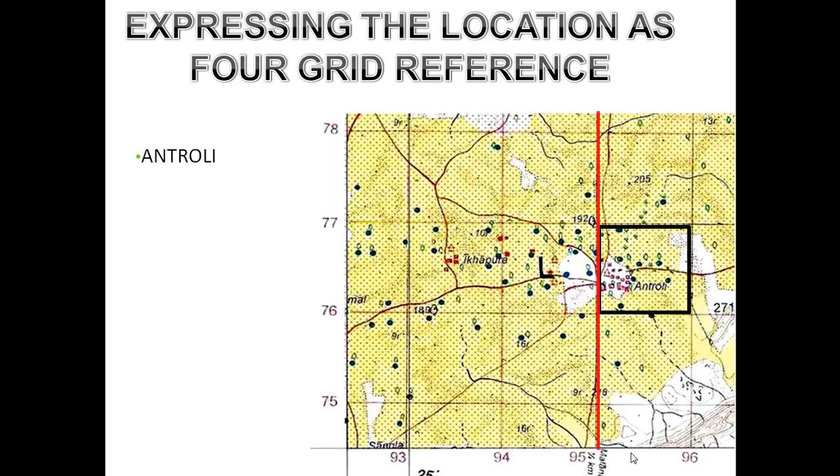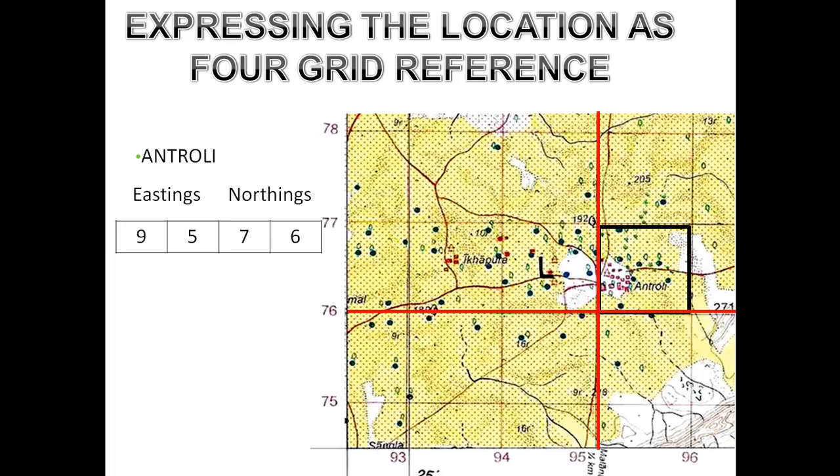What is the value mentioned over here? 95. We'll take the northing second. What is the value mentioned over here? 76. So diagonally from this point, at 90 degrees, the Anthroli village is there. So what would be the four-grid reference of Anthroli? Yes, you're right. It is 95, 76.